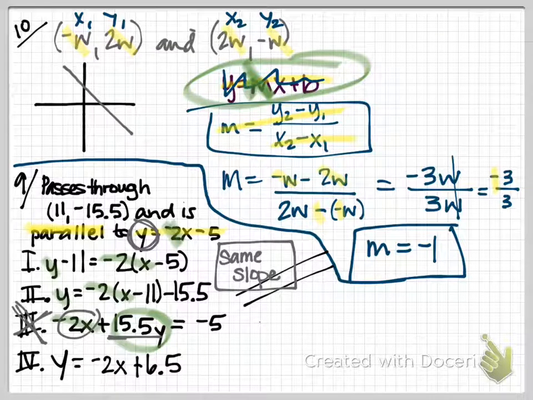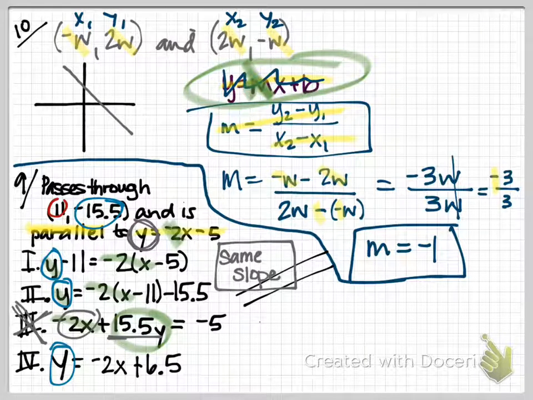The rest of them we kind of want to check. So let's look at number 1. If we plug in, I have too many highlights here. I'm sorry if this is driving you crazy. If we plug in our x and y values, so x is red and y is blue, we're going to plug in blue for y and red for x in all of these, okay?